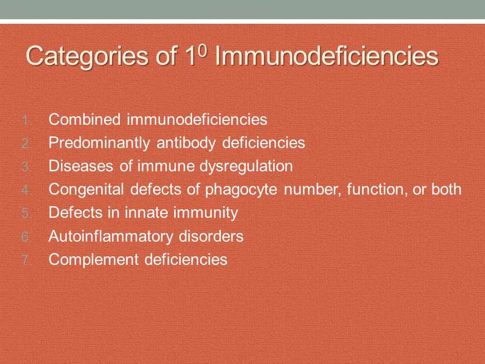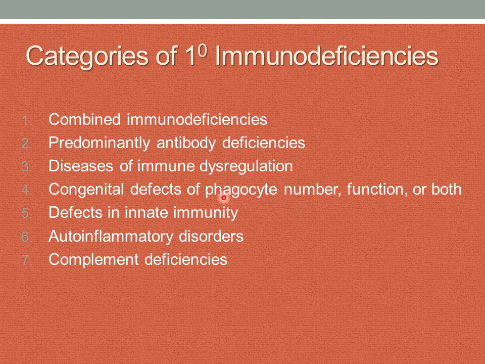Thinking just about primary immunodeficiencies, your book lists even more categories than this, but combined immunodeficiencies usually mean that both the cellular and the humoral components are affected in some way, shape, or form. There are some immunodeficiencies that are principally antibody problems. Some of them have to do with regulatory issues in the system.